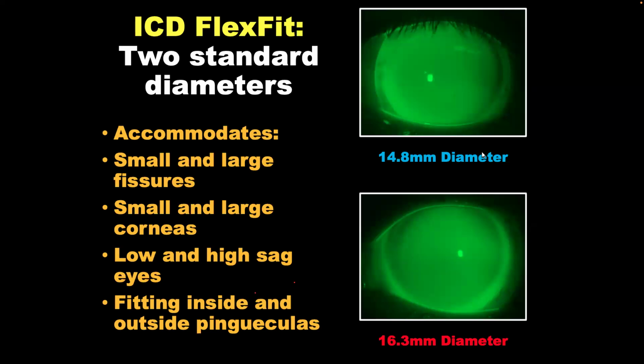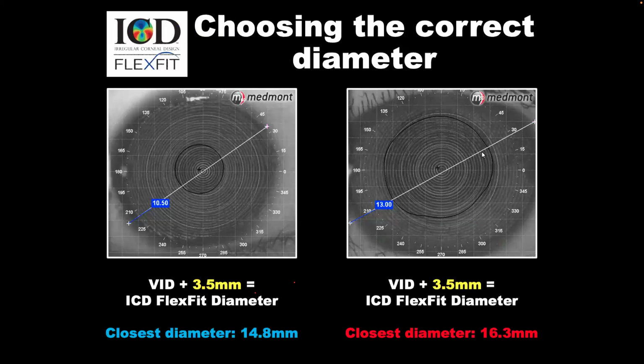what the design has to offer for us on each diameter. So how to choose the correct diameter? There's this standard rule that you see here, which is the HVID or the VID plus 3.5 millimeters. There are other professionals that say that you can go 3.5 or 4.5, and it's just gonna depend on what type of eye you have in front of you.